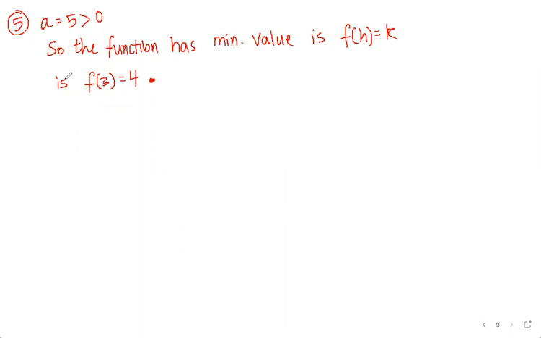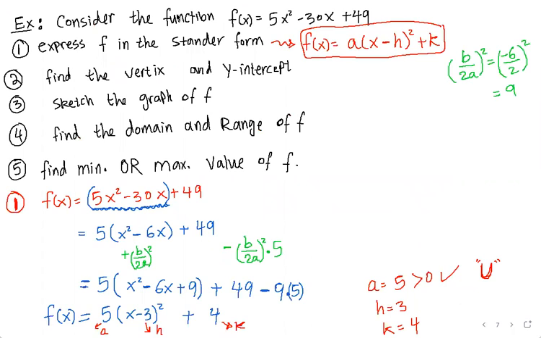After this example, now we can find the maximum and the minimum value without doing the standard form. For example, if I give you a function and ask for the minimum or the maximum value, you don't have to find h and k and the standard form. You can find it directly. Like in number 5, to find the minimum or maximum value, we went back to h and k, to the standard form.